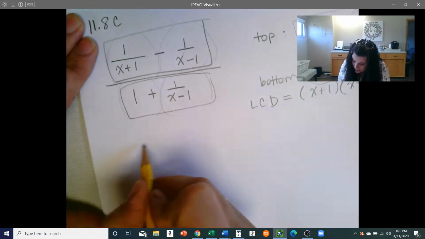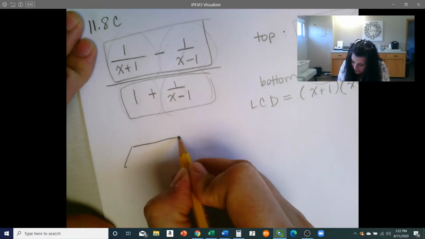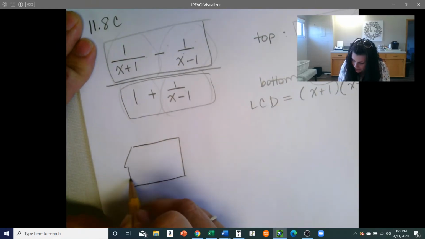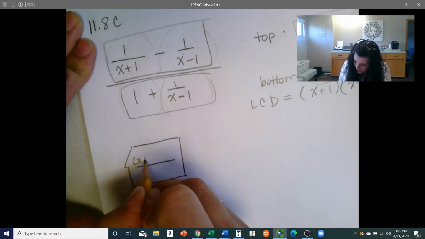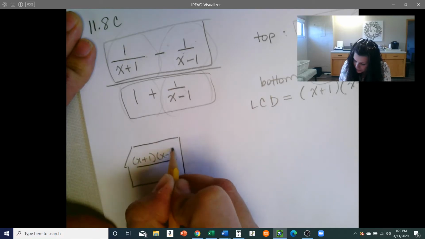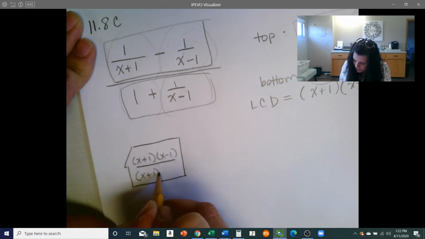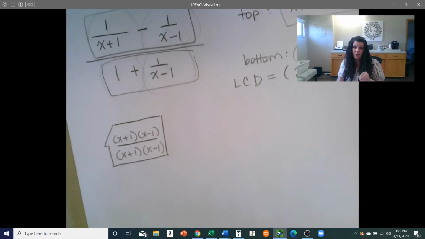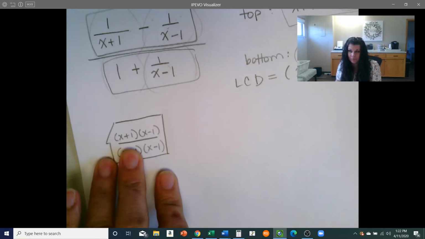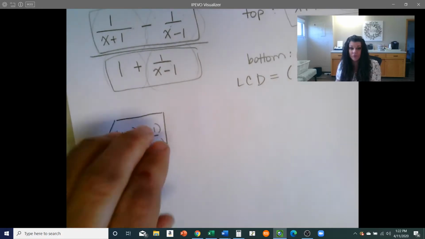Okay, you're not going to like this, but I don't care. I'm going to take my least common denominator, and just like I did last time, just this time I have a funky fat one, I am going to write x plus 1 times x minus 1 over x plus 1 times x minus 1. Don't distribute it because we're going to have some canceling happen that we want to happen. So don't factor it yet. Leave it like, or it is factored. Don't distribute. Don't simplify this.